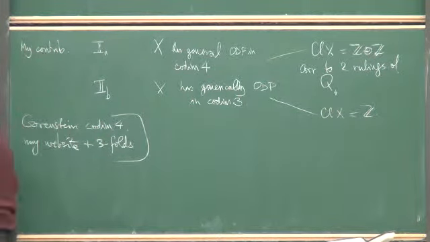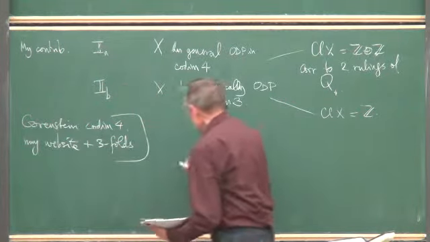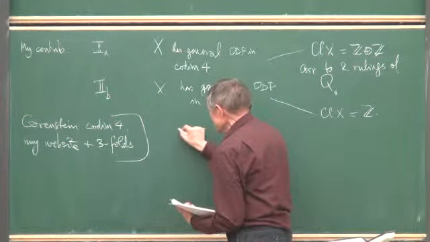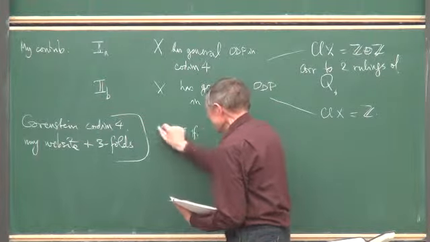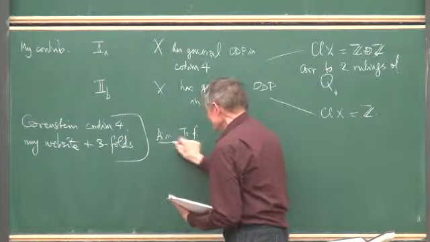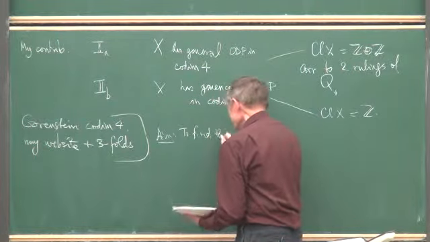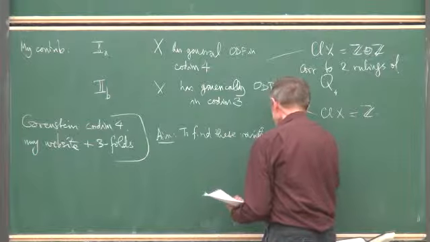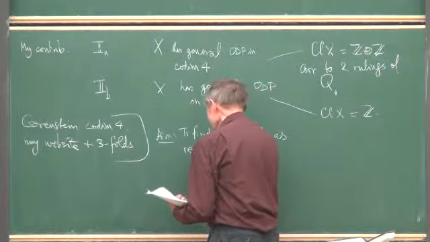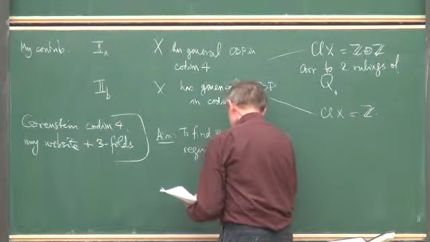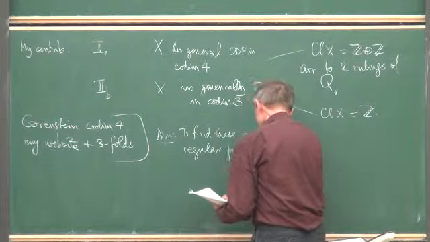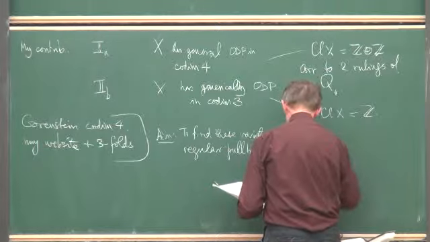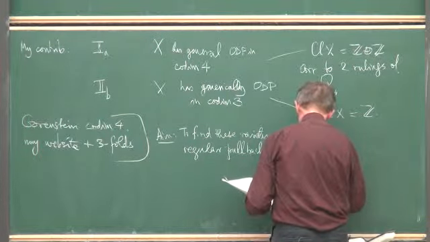And everything I'm saying about these families is so the thing that I really want is to find, this is the aim, to find these varieties as regular pullbacks from a key variety, or from key varieties.